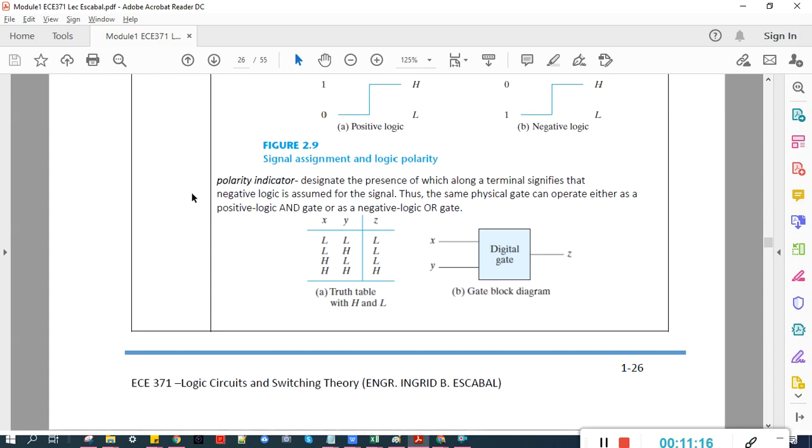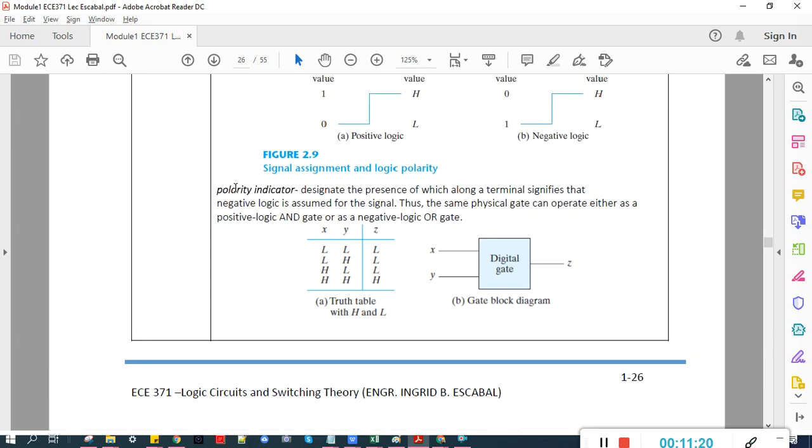Let's go to the definition of the polarity indicator. The polarity indicator designates the presence of which along a terminal signifies that negative logic is assumed for the signal. Thus, the same physical gate can operate either as a positive logic AND gate, or as a negative logic OR gate.